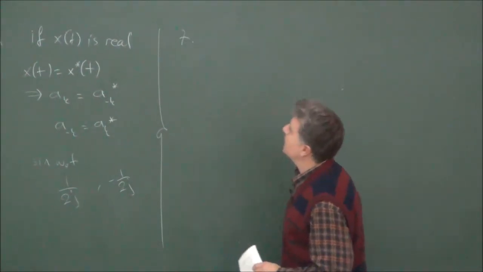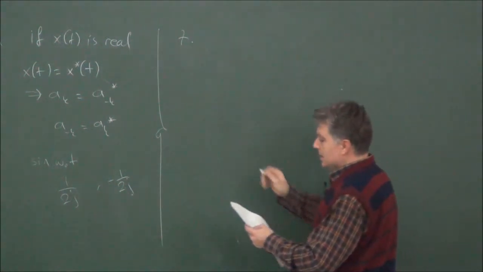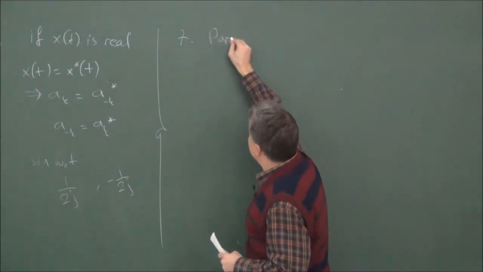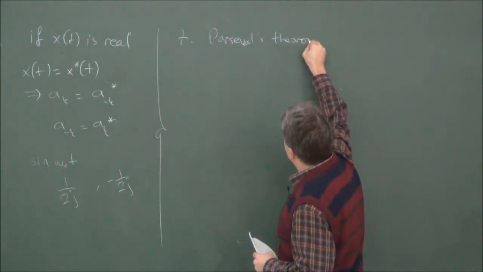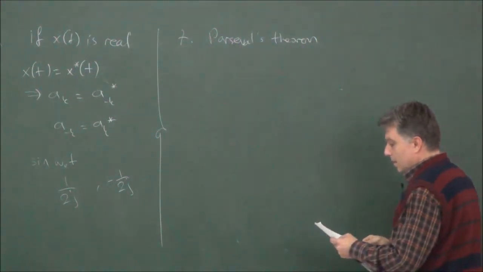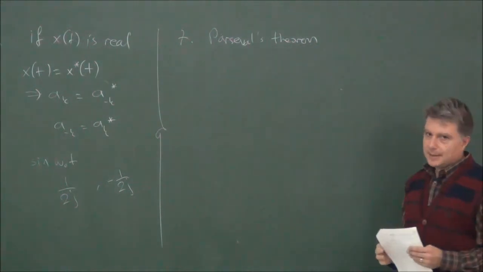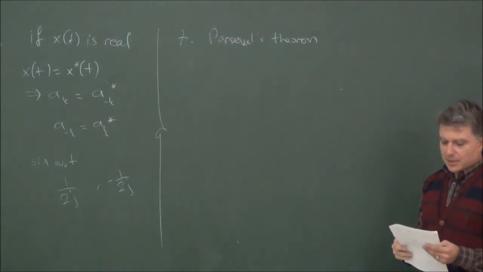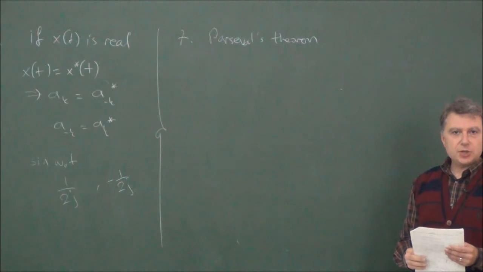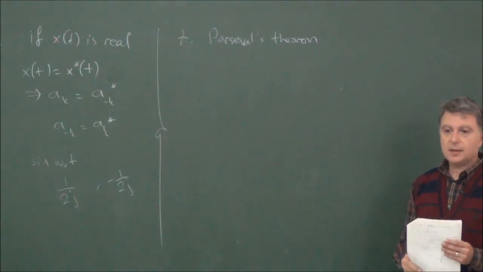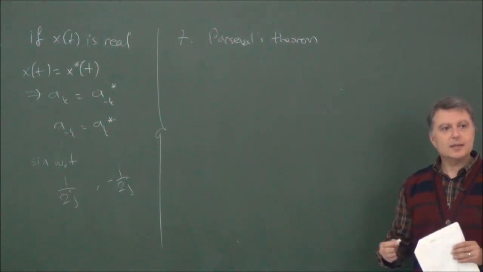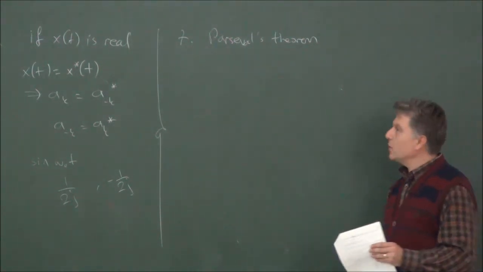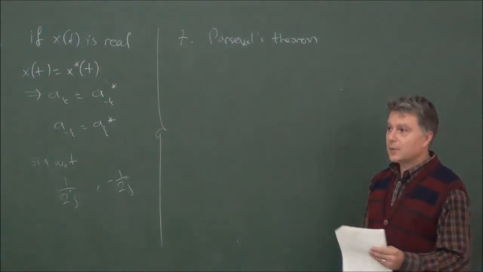And the last important one is so-called Parseval's theorem. It tells us one important thing. It is possible to measure or evaluate the power of a periodic signal, not necessarily in time domain, but also in Fourier domain as well.